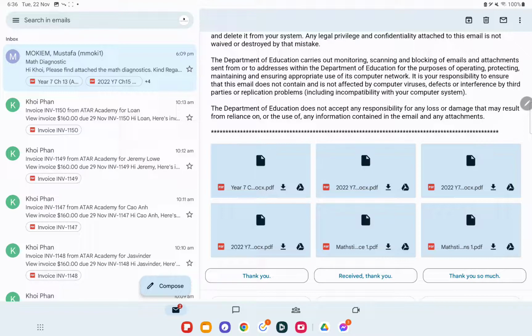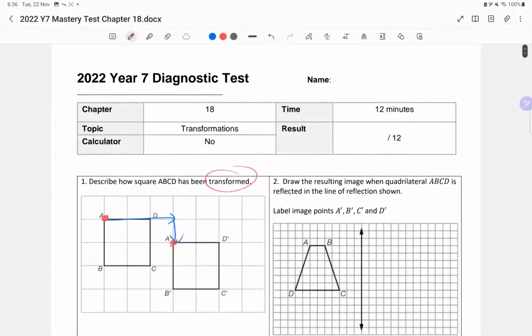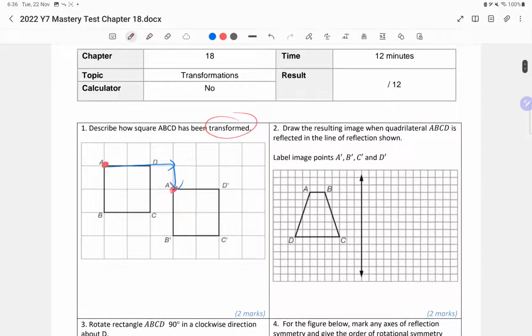What other chapters do you want to go? Didn't you ask me to go through chapter 18 for you? Yeah, we just did. Was that 18? Yeah. Oh, right. 18. Last one is 19, right? No, 17. Probability. Wait. Let me double check.